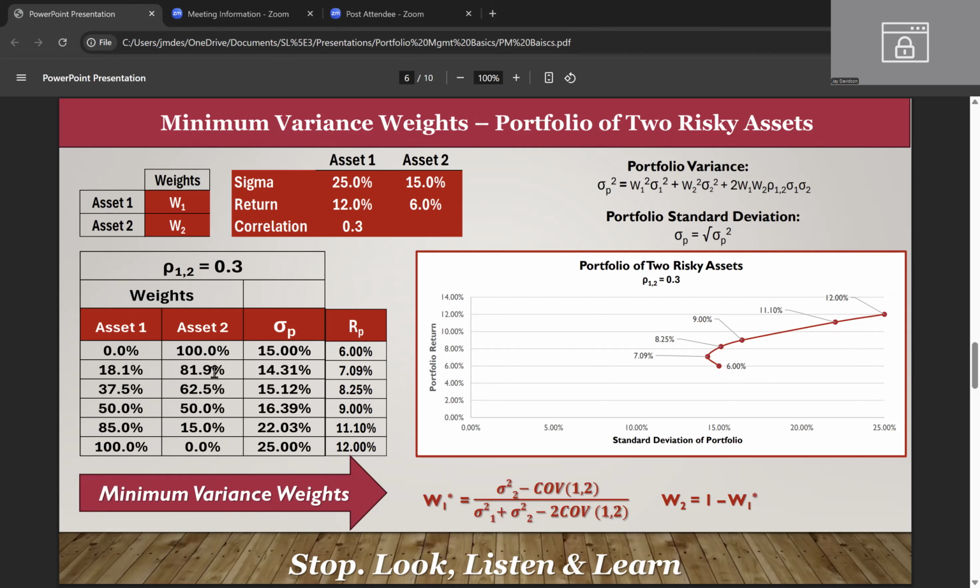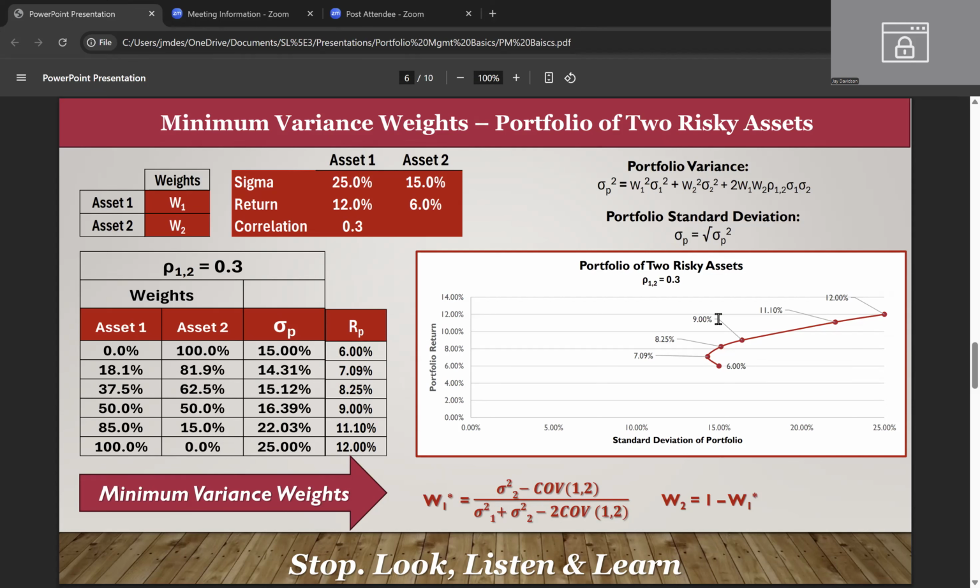And if you do that, that will minimize the standard deviation or the volatility of the portfolio, and that minimum amount is 14.31%. And I'll just put this out here so you can see it. With this particular portfolio, given the weights, you would earn 7.09% return on that portfolio.